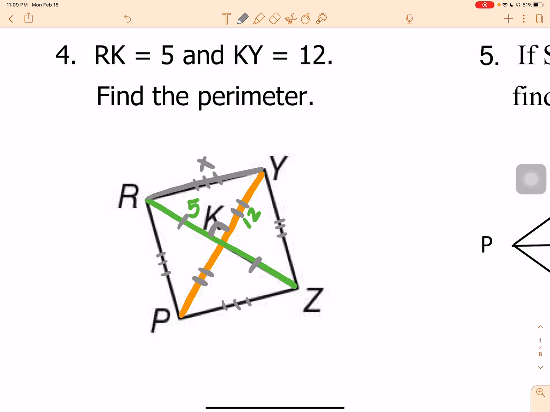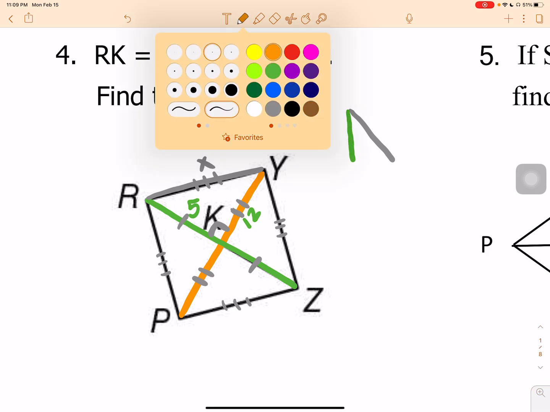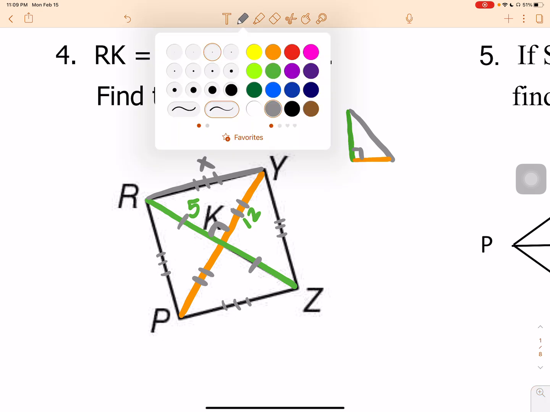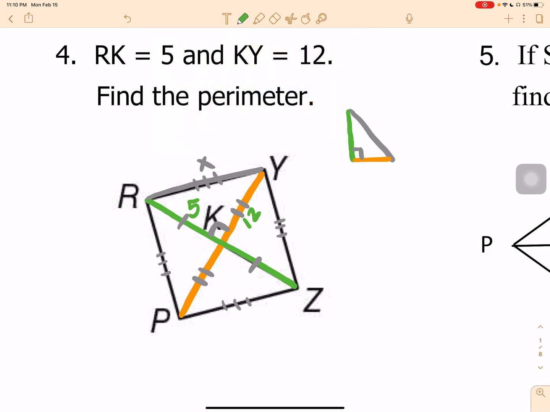We don't know it. However, let me redraw this. So I'm going to redraw this off to the side here, that one triangle there. Okay, totally not drawn to scale, mind you. It's horrible. So this is the side, this would be the R, and that's side length 5.